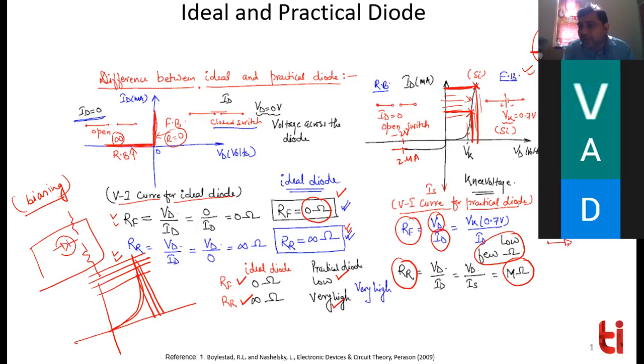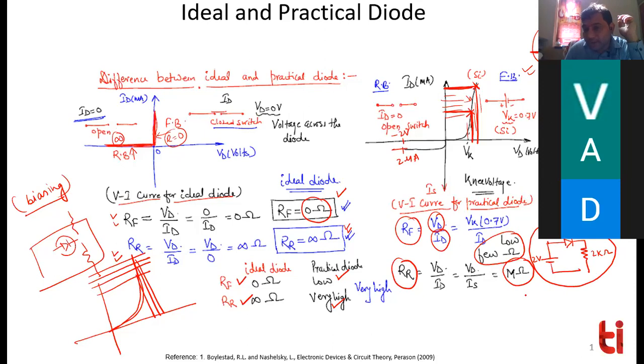Let's say this is a diode and this is a resistance of 2 kilo ohm, and let's say I have applied 2 volts here. If I ask you what is the current and what is the voltage across the diode, what should be your answer? Can anyone tell me? 0.1 ampere?